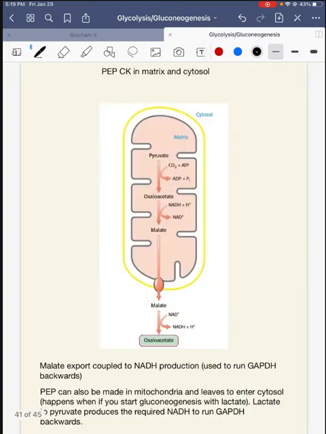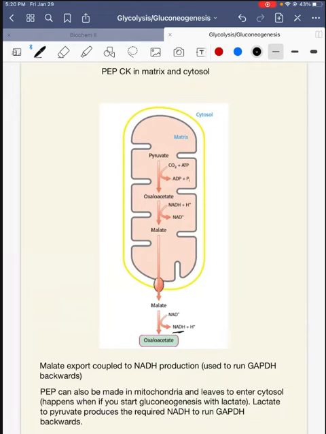Remember how we talked about needing to regenerate NAD for glycolysis to run? Well, to run gluconeogenesis, we need the opposite. We need NADH in the cytosol, and it's mainly done by how PEPCK functions.